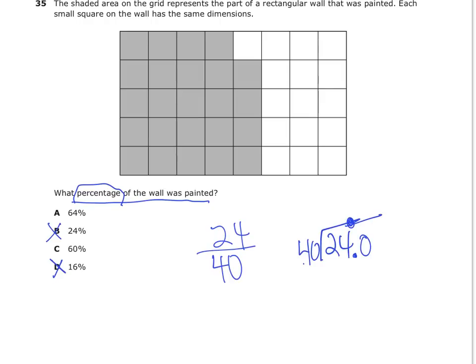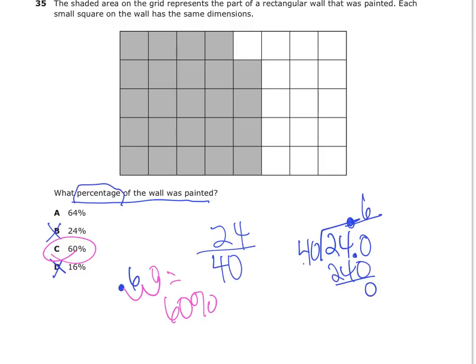Will 40 go into 240? Yes. So your answer is 6/10 when you divide it, but the question says percentage. Move it 2 places to the right. 60%. That's easy. Very few people got it right last year, and I don't understand why. That one was easy.